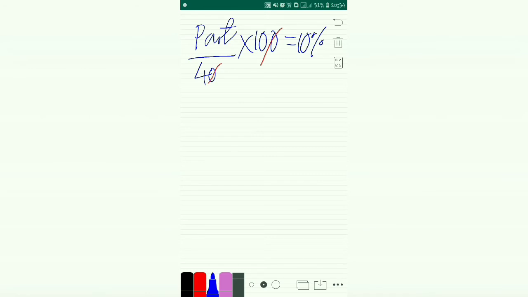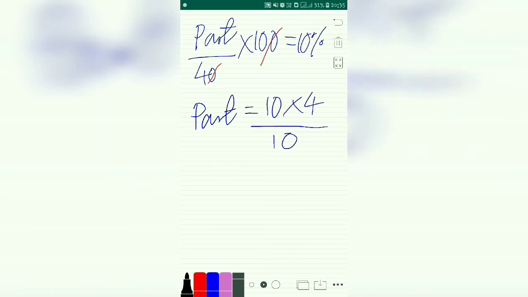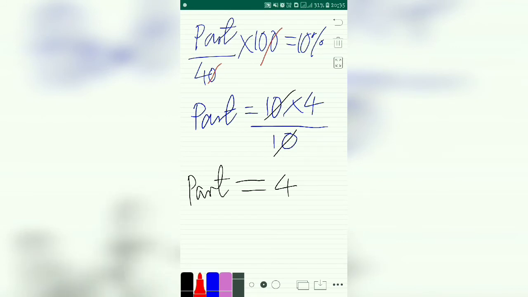Now we can do cross multiplication to make the part alone. Let's do that. So the part is equal to 10 into 4 upon 10. We can cut the zeros and then we get 4. So part is equal to 4.